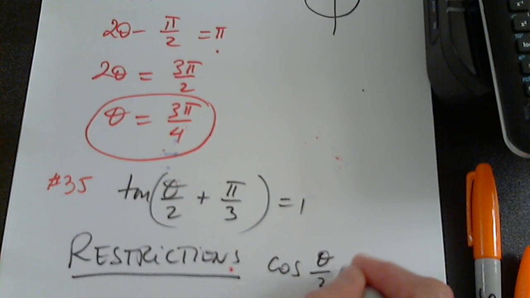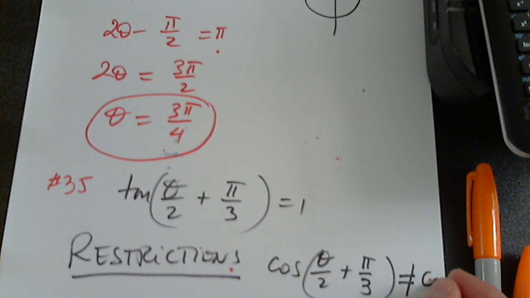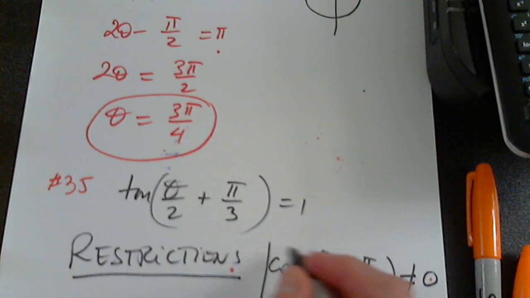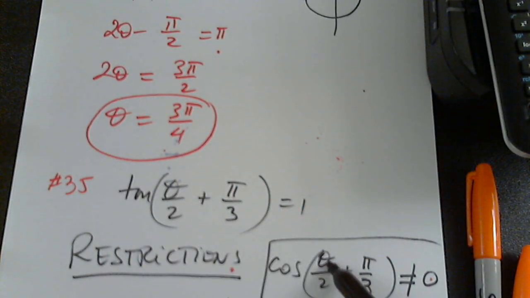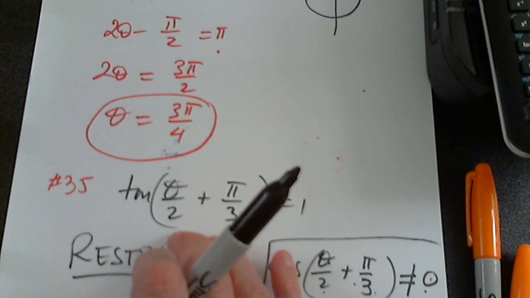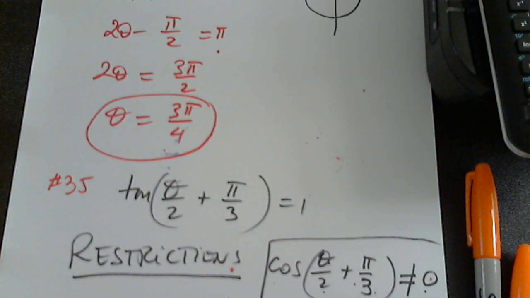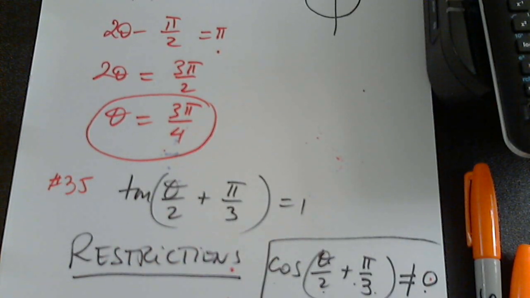Cosine of theta over 2 plus pi over 3 cannot equal 0. So whatever angle I get, I have to make sure that when I put it in here, divide by 2 plus pi over 3, and I apply cosine to it, it is not 0. Because if it is 0, I'll have to say no solutions. Tangent cannot be undefined. It is undefined when the cosine of this angle is 0, right?